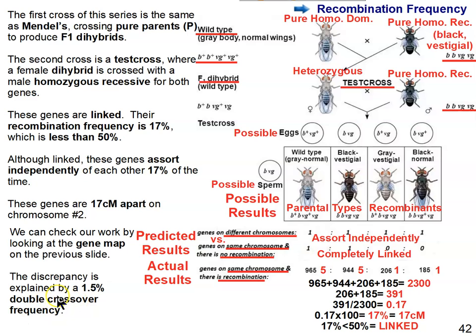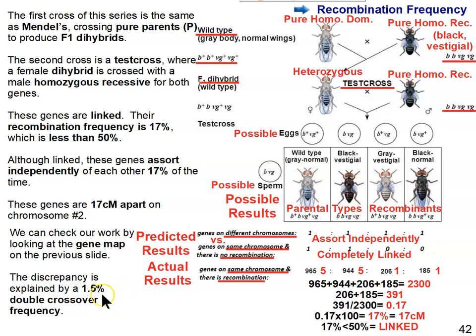So because of double crossover frequency, the distance is actually less than what we calculate. What's going on there is that the genes are being separated by crossing over, but then they cross over back again. And there's a very low percentage of that possibility. It's only 1.5%, but it happens.